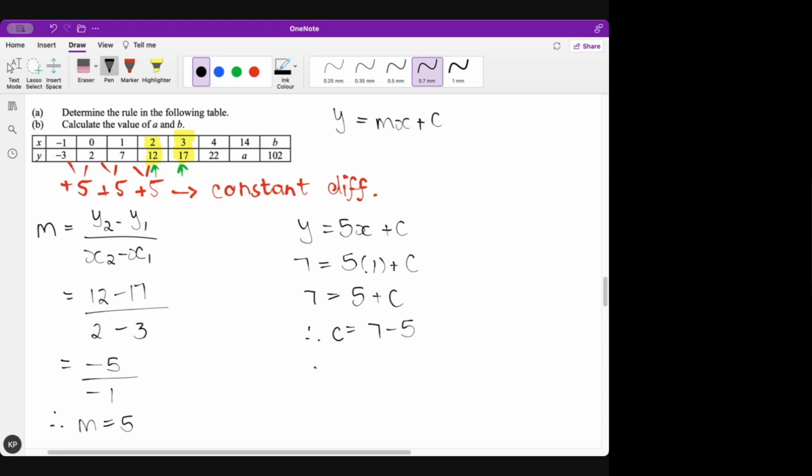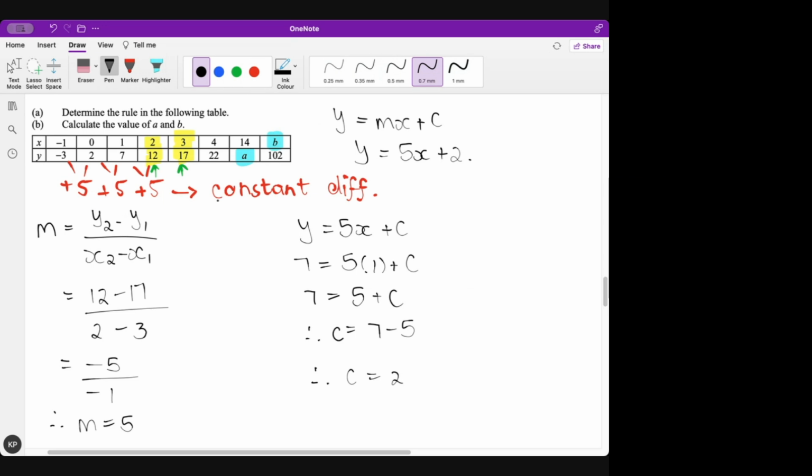There we go. Therefore, c is equal to 2. So my formula is y is equal to 5x plus 2. Great. Now they say after that, look for A and B.